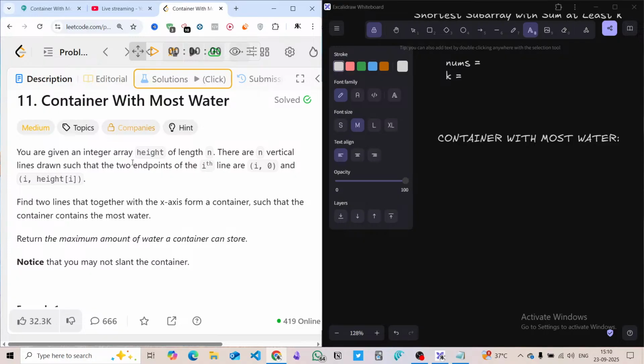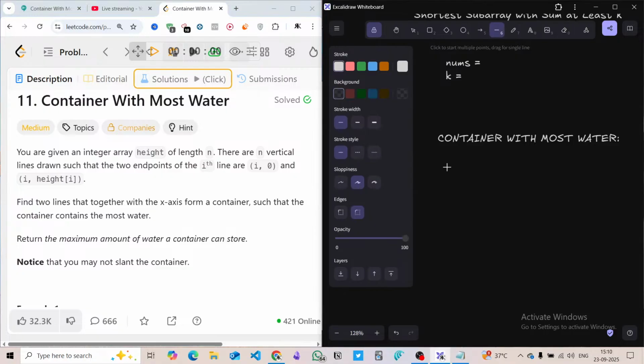They are given an array which represents, each integer represents the length or else height. So there are n vertical lines. Okay, so there are like this one, like this.